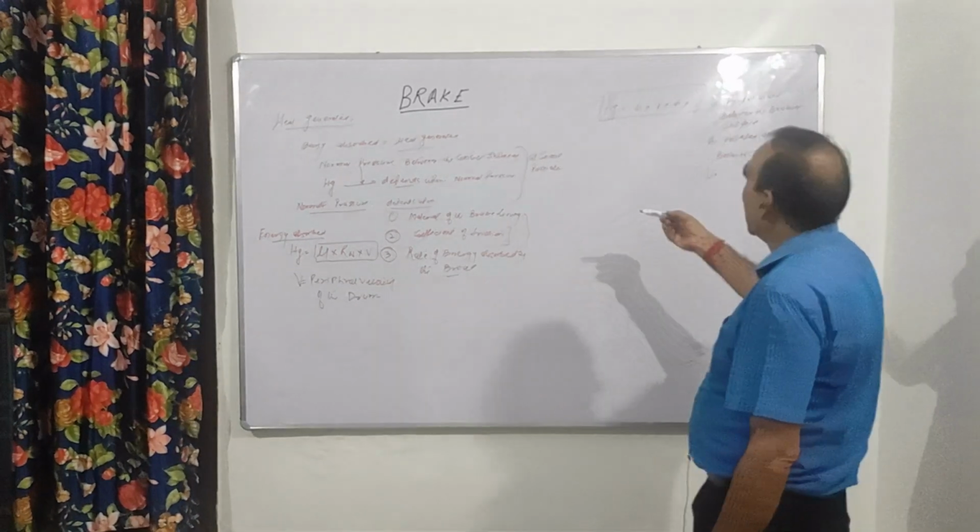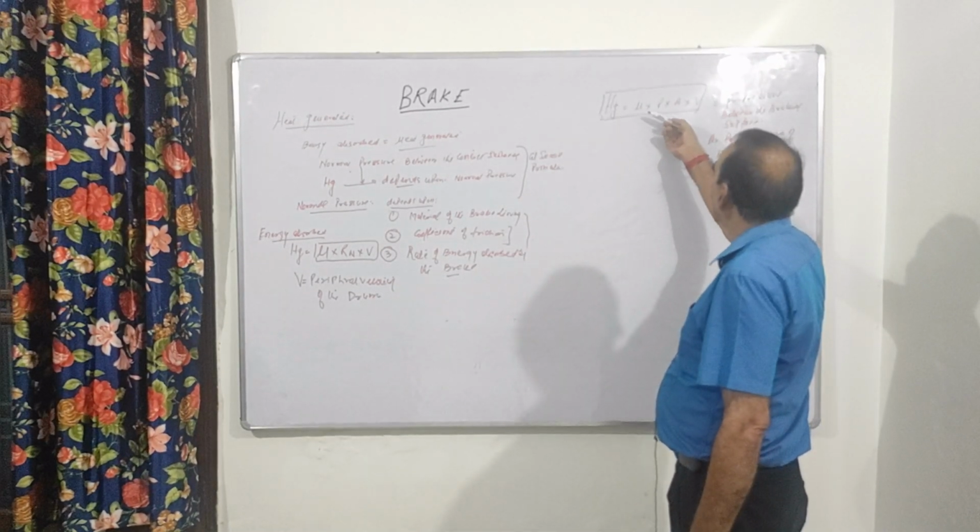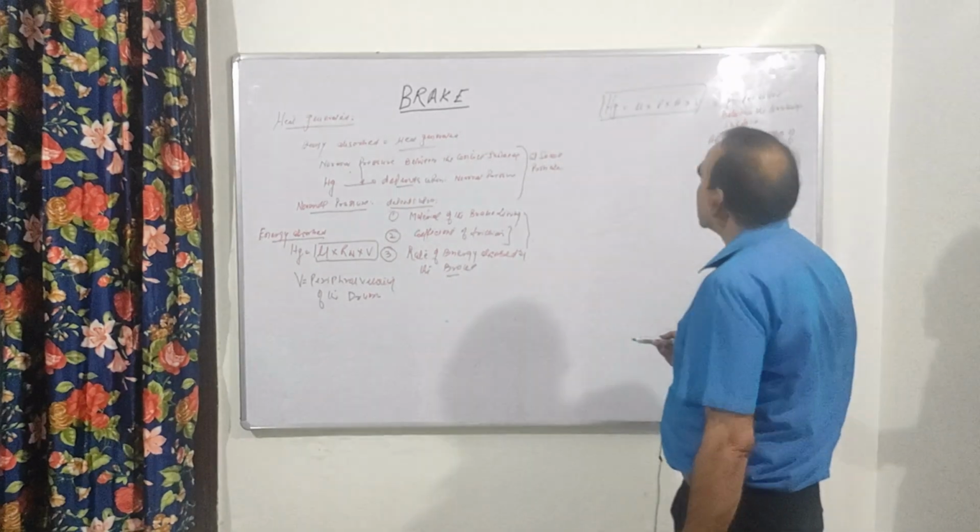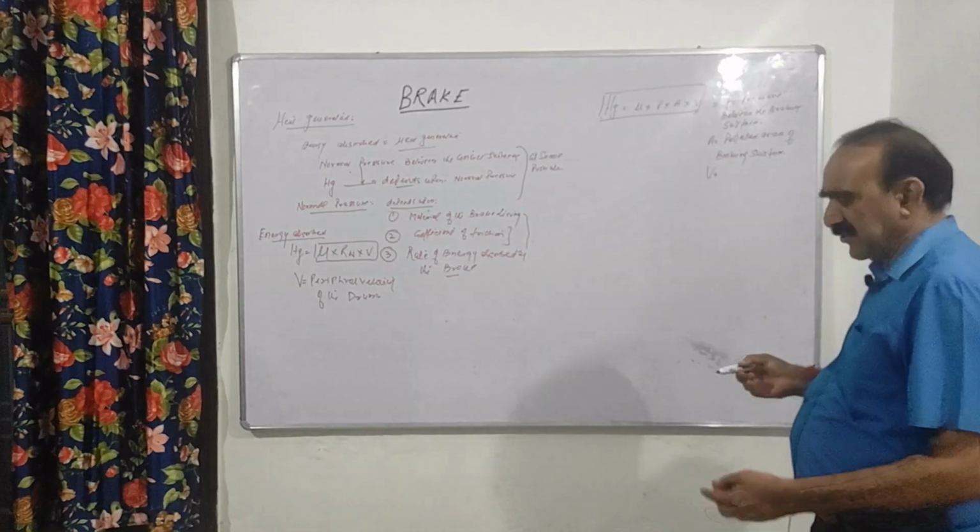So this equation, Hg is equal to mu into P into A into V, is the equation of the heat generation.